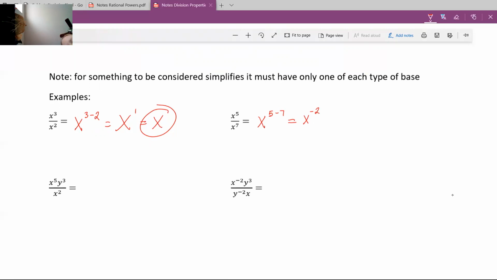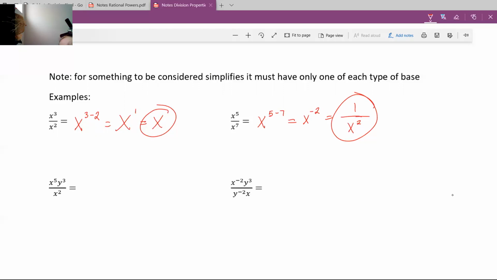But remember, we just learned we're not done if we have a negative exponent. So negatives bring it to the other side of a fraction. I draw my fraction bar. This is currently on top, so I'm going to put it on bottom. And I'll throw a 1 up top because I need something up there. That would be my final answer.